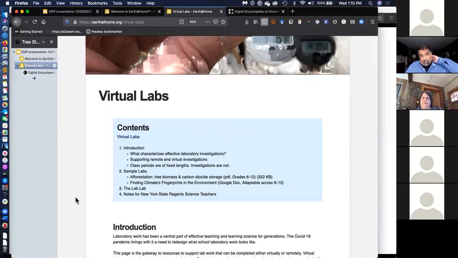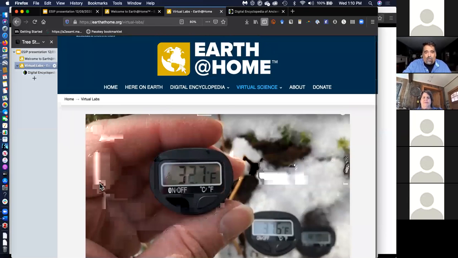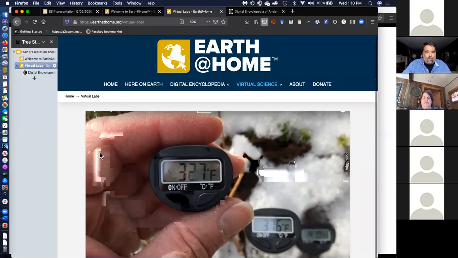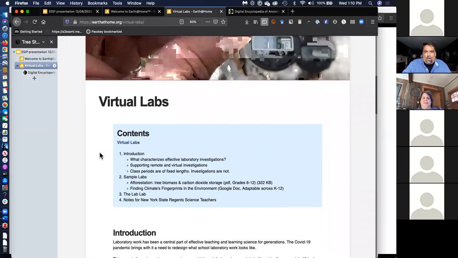Remote labs are, in some instances anyway, taking advantage of your students being dispersed either across your school district, if you're a K-12 teacher, or around the country or around the state if you're a professor, and having them collect data where they are about their local earth science and environmental science, and in ways that they can share with others to do that work.